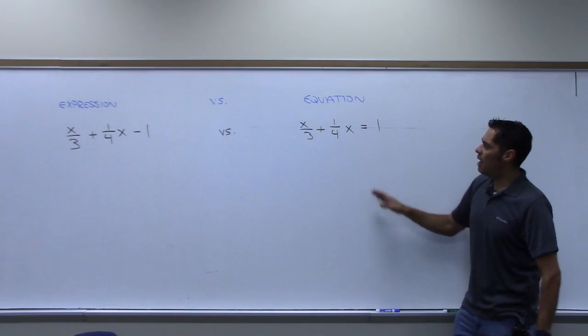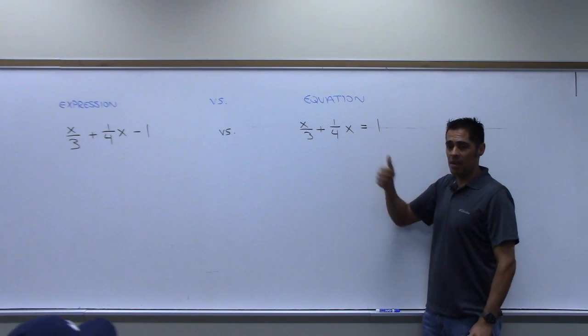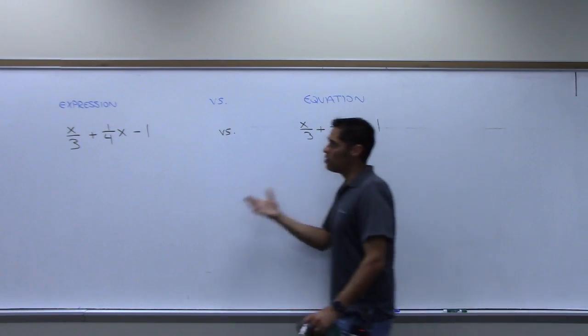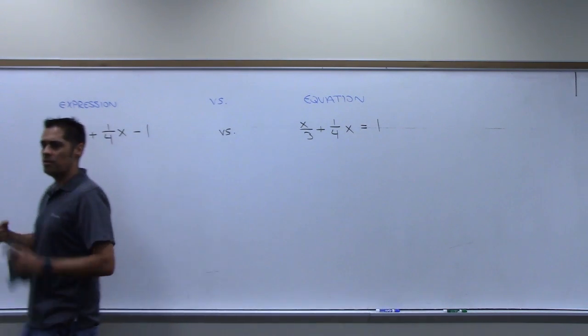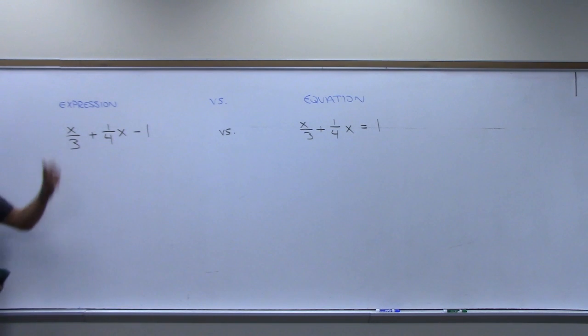And that x equals 5 means if we plug 5 in, this is true. The left and the right-hand sides will be equal. An expression is just that. It's just an expression. It's like a statement. Here it is. Here's the statement. There's no answer or anything like that. There it is. There's nothing to solve for.